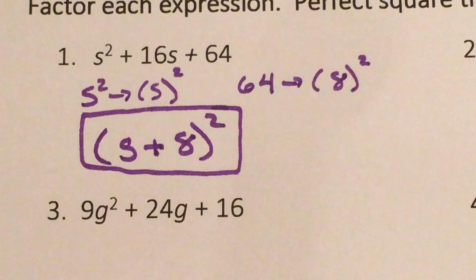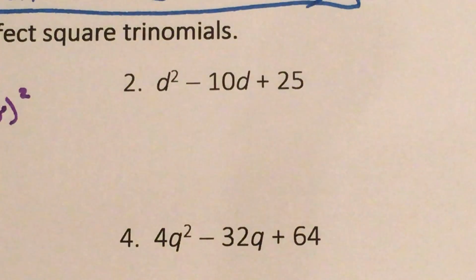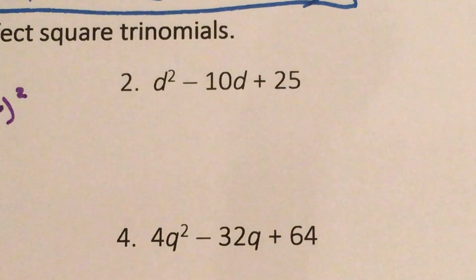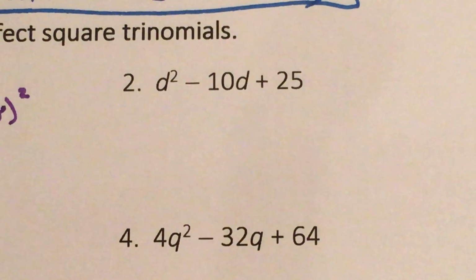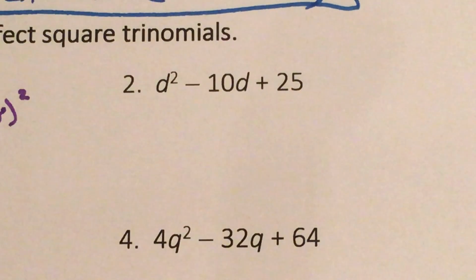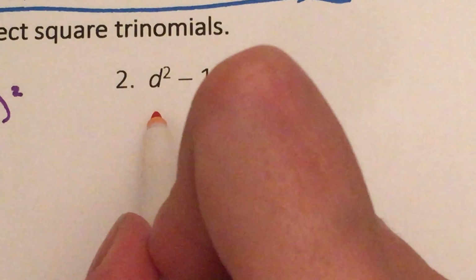Let's look at number 2. So in number 2, how many terms do I have to work with? 2 terms or 3 terms? 3 terms. All right, so that means this will be a perfect square trinomial if it's anything. So here's my first term.